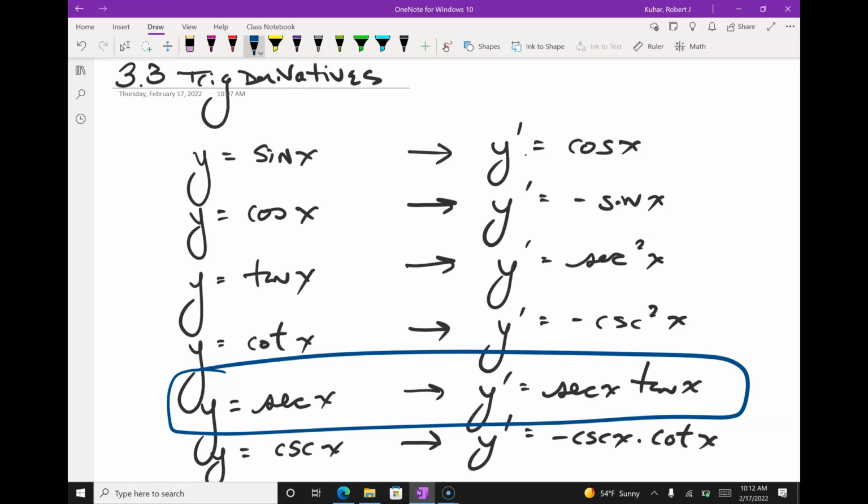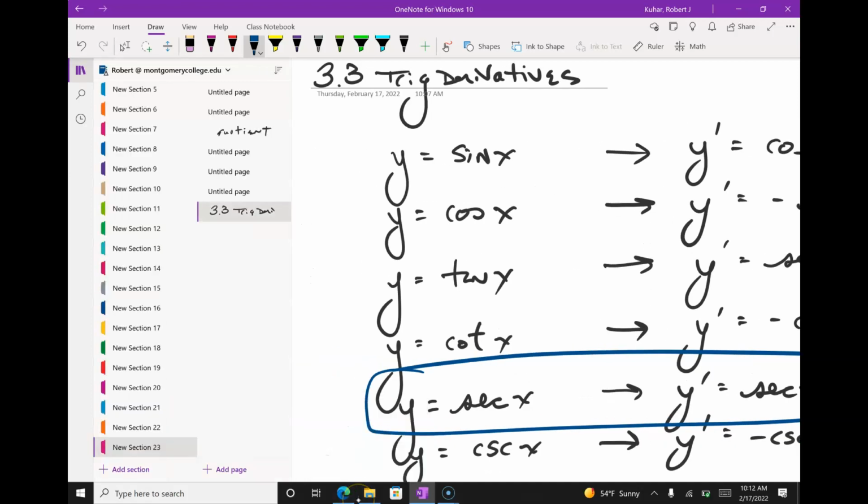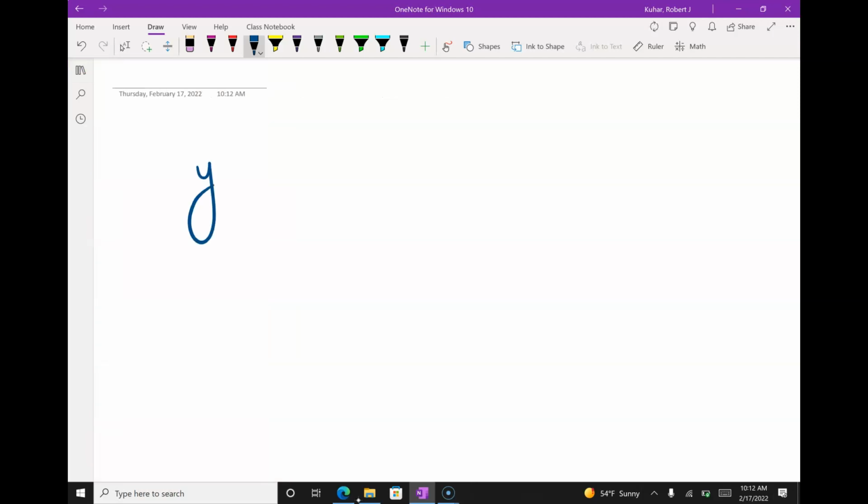You said you did it by using the quotient rule. Yep. Okay, we ready? Okay, so y equals secant of x, which is really 1 over cosine. So our top function is 1.